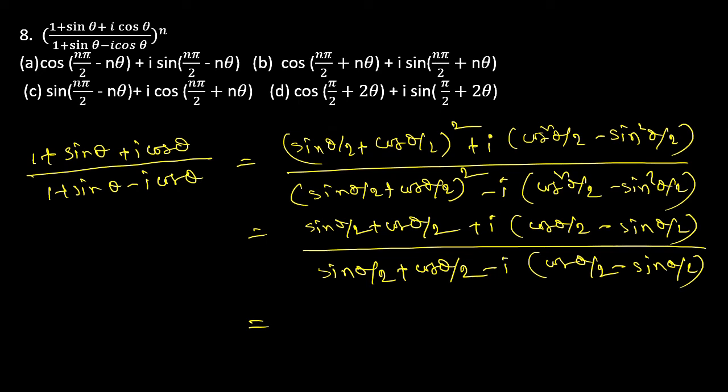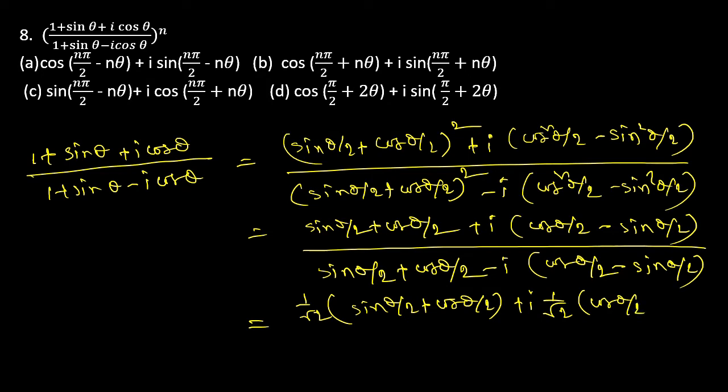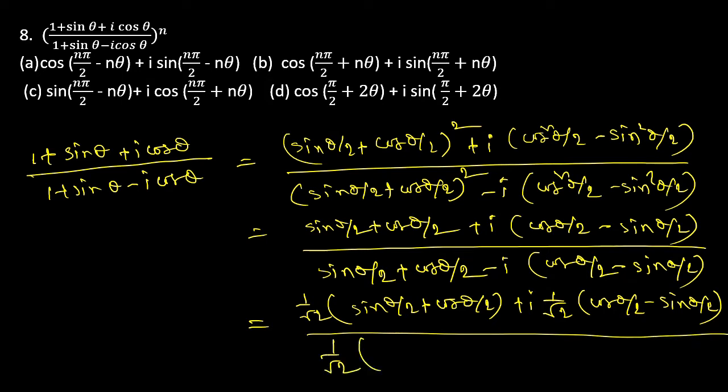So we get (1 by root 2 (sine theta by 2 plus cos theta by 2) plus i 1 by root 2 (cos theta by 2 minus sine theta by 2)) by (1 by root 2 (sine theta by 2 plus cos theta by 2) minus i 1 by root 2 (cos theta by 2 minus sine theta by 2)).